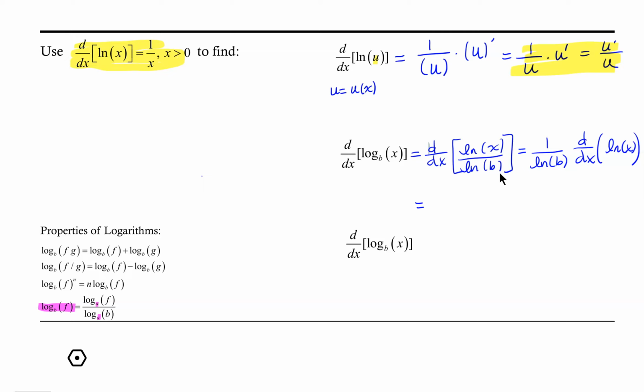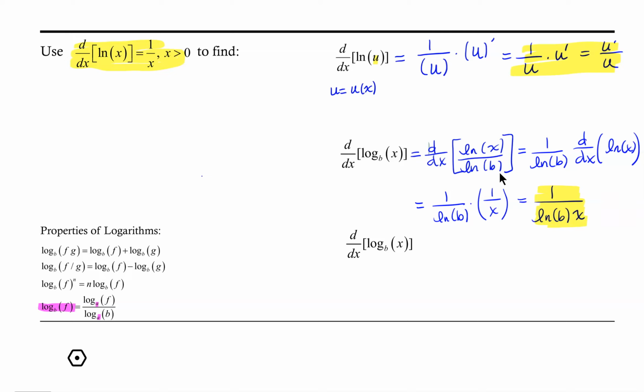So we're going to get 1 over the natural log of b times the derivative of natural log of x, and that is 1 over x. When we multiply those two, our numerator is 1 and our denominator will be the natural log of b times x. So the derivative of log base b of x is simply 1 over the natural log of b times x.